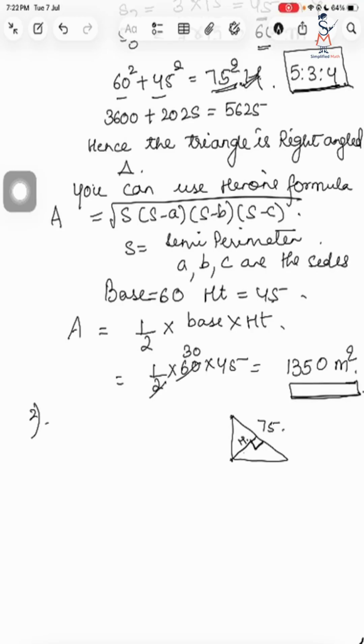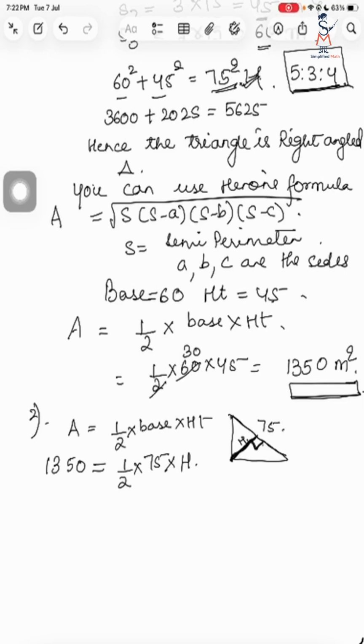Now the altitude makes 90 degrees on that particular side. So now the area will become again half base into height. In this case, the base will become 75, because that's the largest side, into h, is equal to 1350.